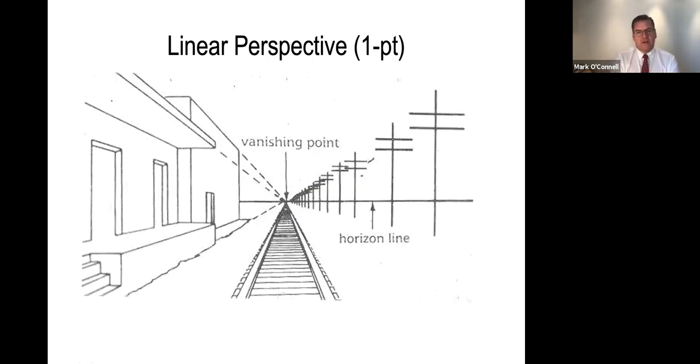So orthogonals are the lines that you use to measure. And basically with one point, there is one point which everything converges at, and things get smaller the farther away they are from you, okay? And we talked about that with the case, and you have the case drawing that has the 1 point perspective in the back of it, okay?